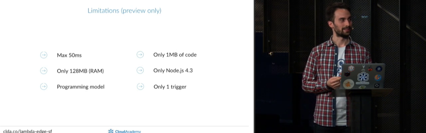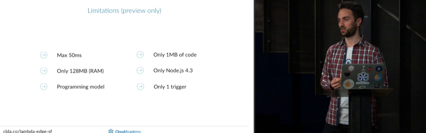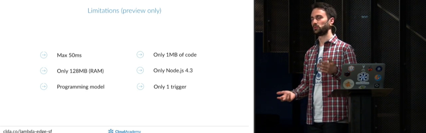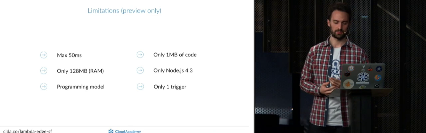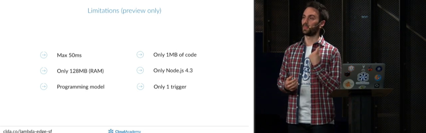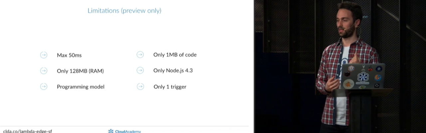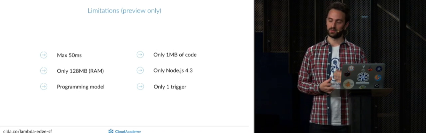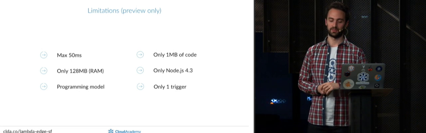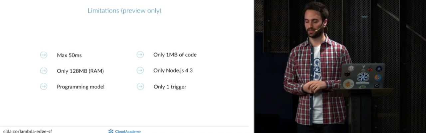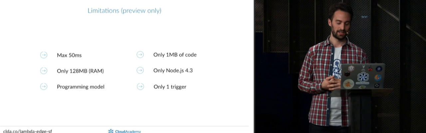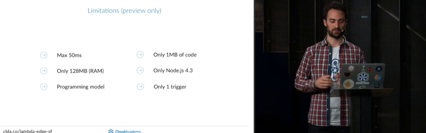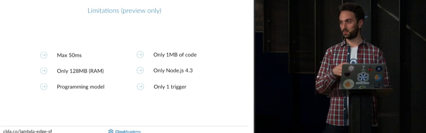And then the 1 megabyte code limitation. With Lambda, you have like 50 or 256 megabytes, I can't remember. So here we have 1. How many Node.js libraries do you know that are less than 1 megabyte? I struggle to find a server-side rendering engine, a template engine, with less than 1 megabyte of code, but you can find it. So that's going to disappear.